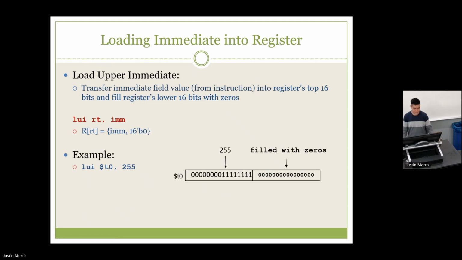Back here, if we want to load into the upper immediate of T0, 255, 255 is just 8 zeros, 8 ones, right? And then the lower immediate is still zeros.